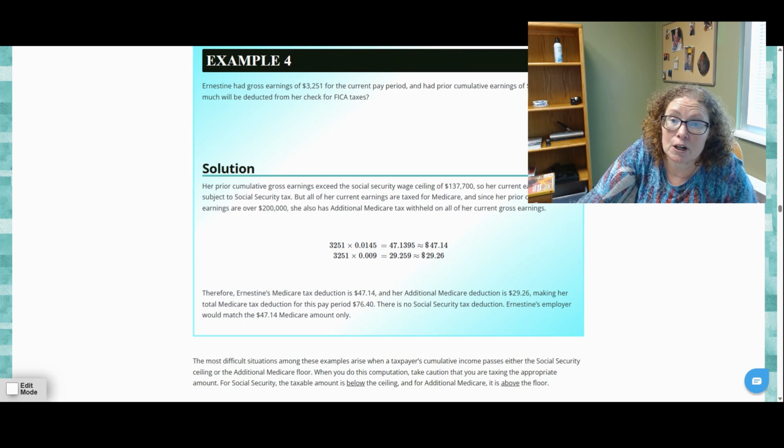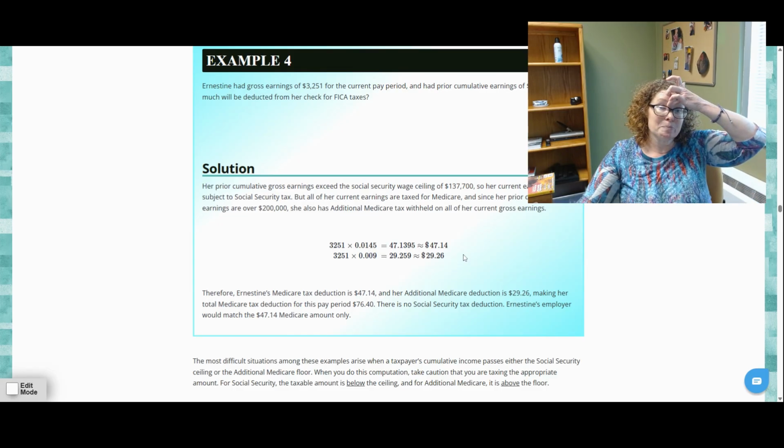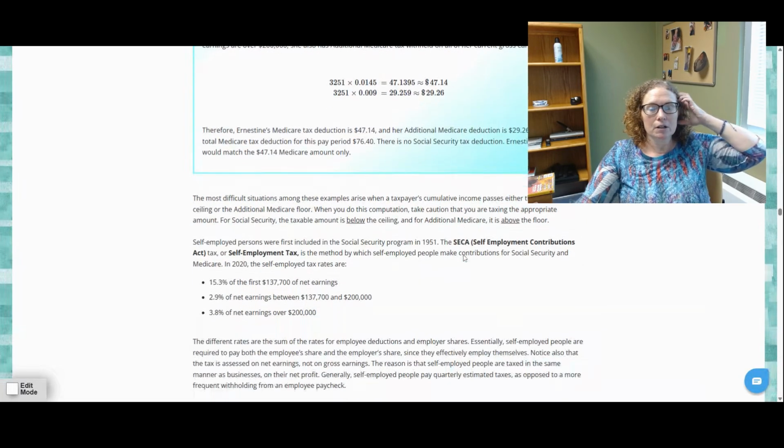But all of her current earnings are taxed for Medicare. So we are looking at the $32.51 times the 0.0145 and getting that amount. And again, her earnings are over $200,000. So we're taking that times the 0.09, and we are also deducting that additional Medicare tax for her.